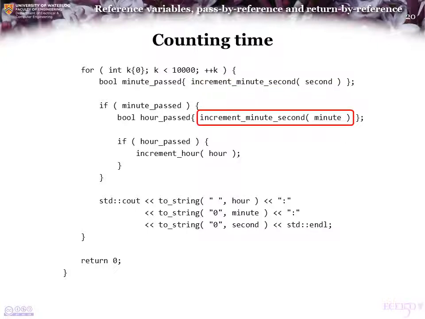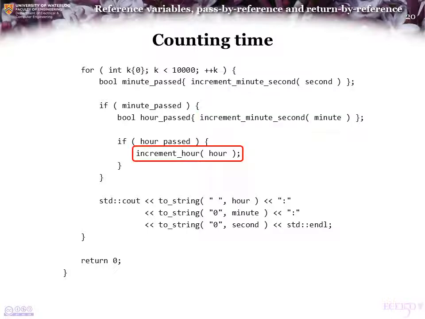If a minute has passed, then we will increment the minute local variable, which again will change that and update or initialize the local variable hour passed with either true or false, depending on whether or not minute was 59 or not.